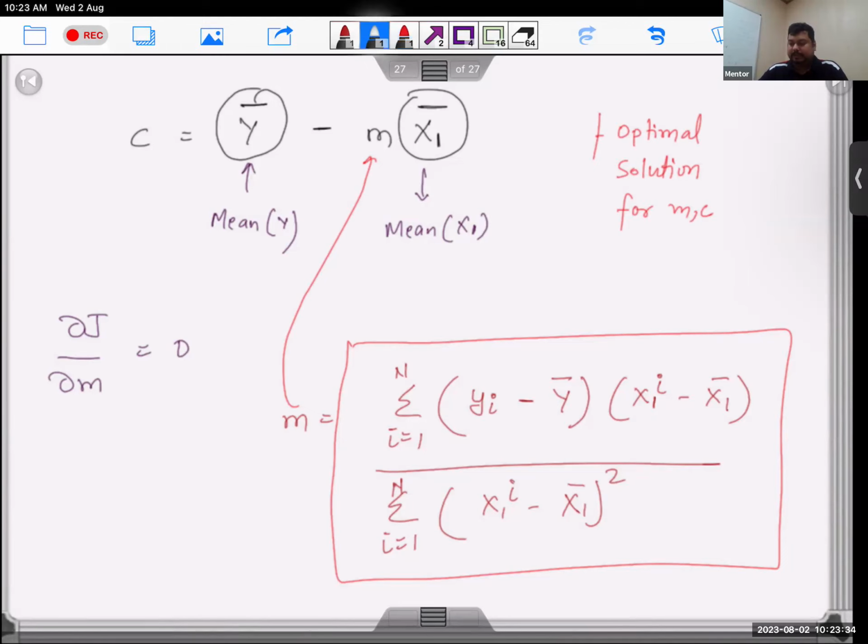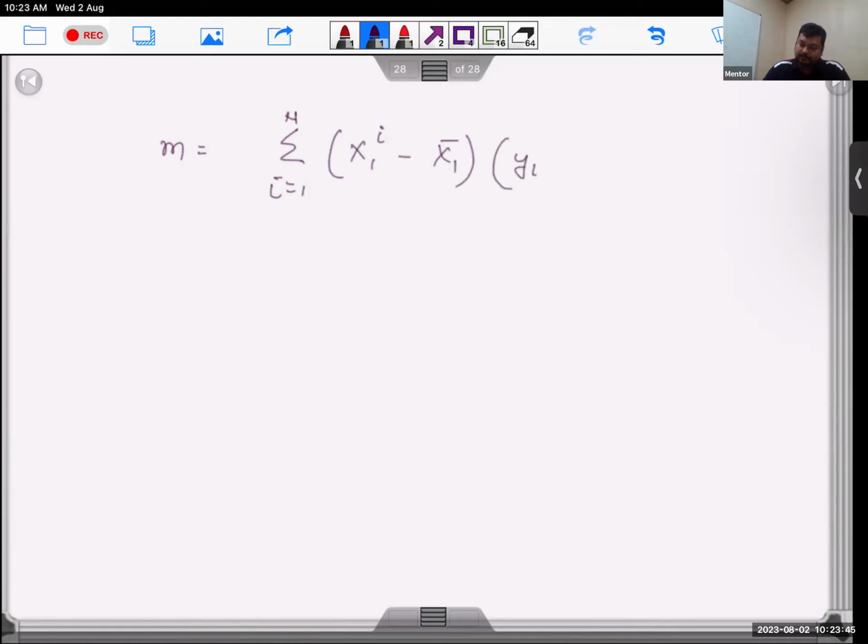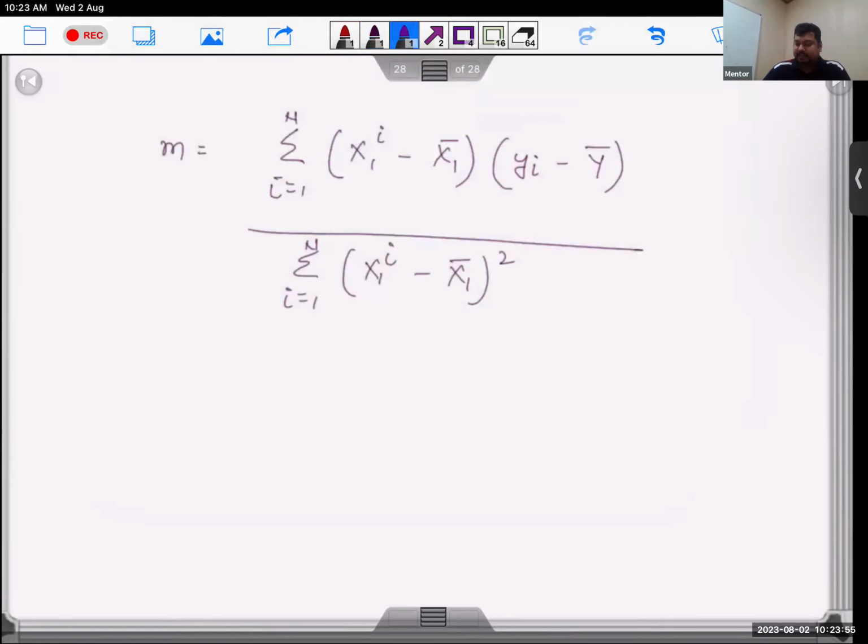Now, just a few things. This is the formula for your m. Look at the denominator. Can you tell me if it resembles something? Is it a deviation or variance?